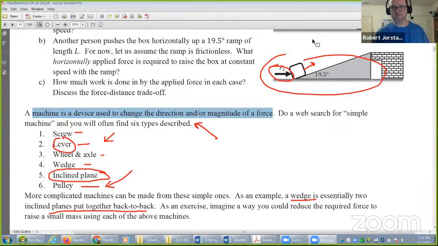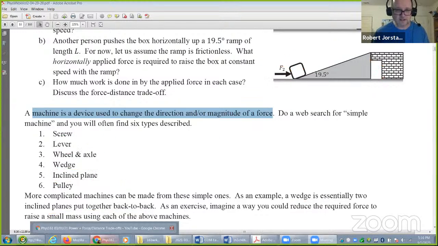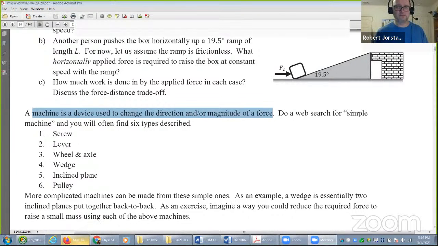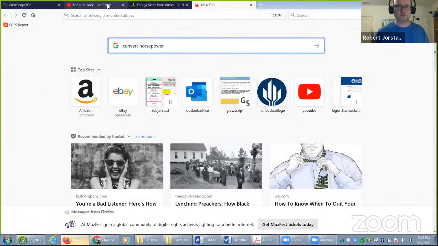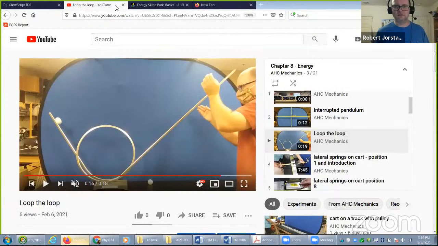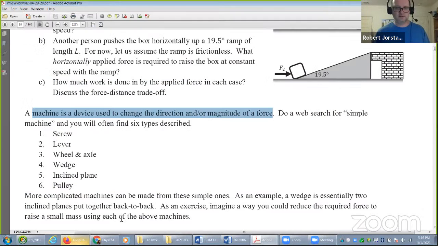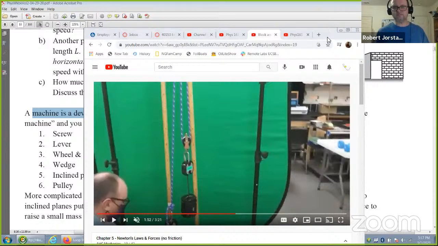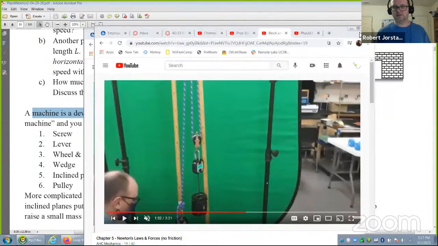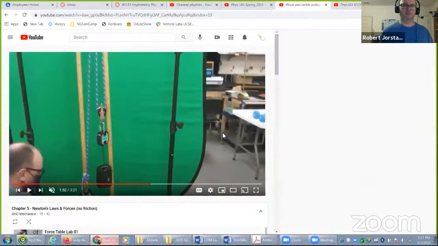All right, let me clear out these annotations and find this video. Is it this one? No, it's not that one. All right, is it this one? Yes, it is this one, but let me get it over here. All right. Oops. What's going on here? There we go. All right.